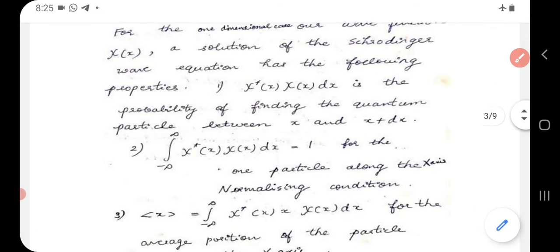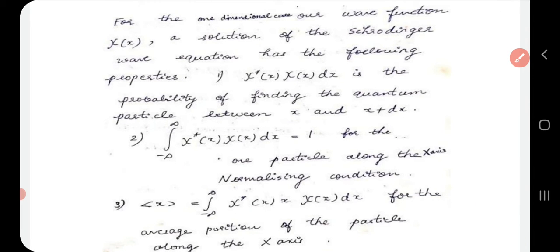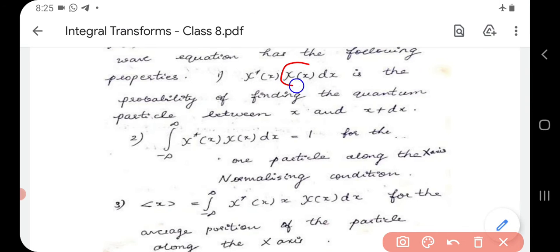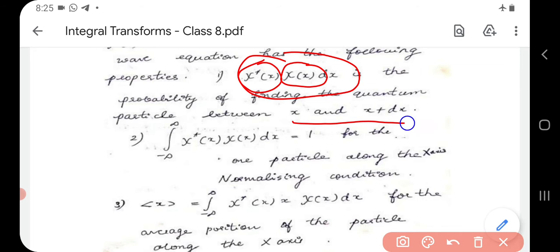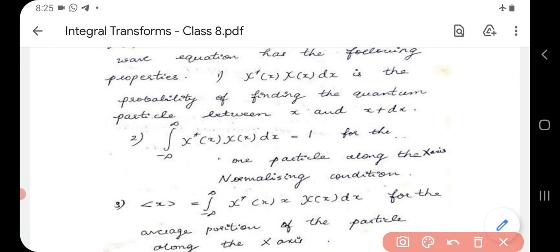First property: the complex conjugate of the function, chi star of x, multiplied by the function chi of x, into dx. This expression is used to discuss the probability of finding a quantum particle in the position between x and x plus dx.